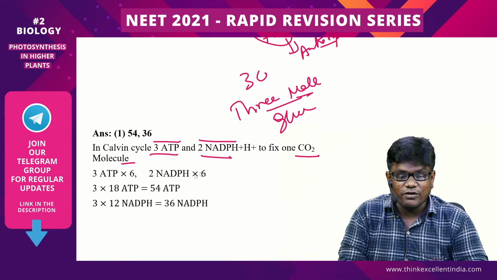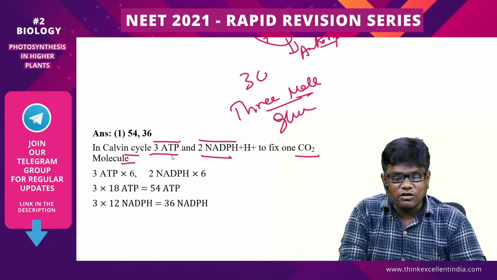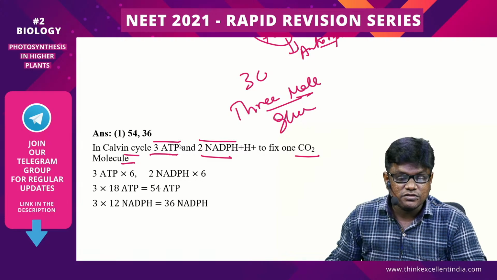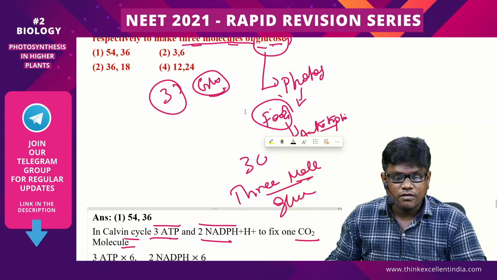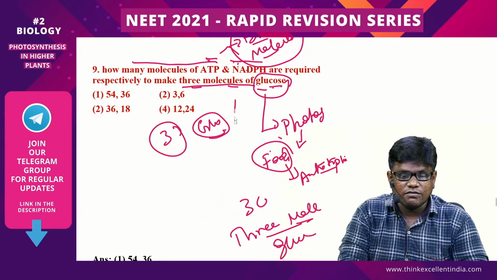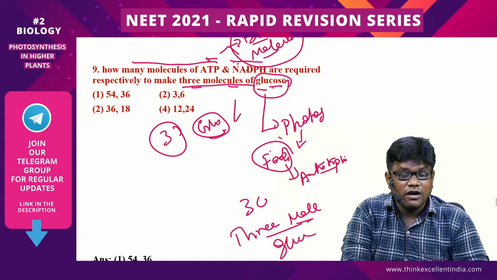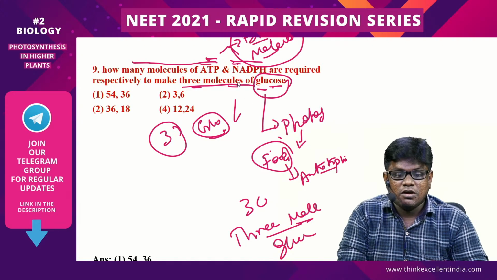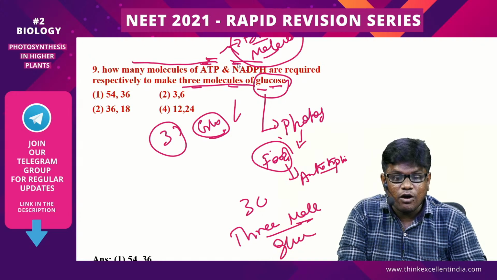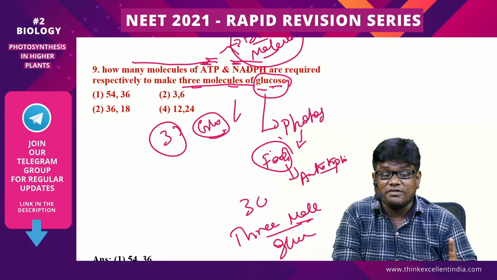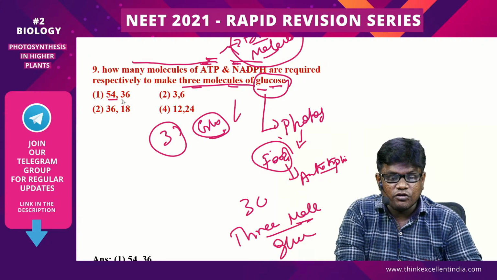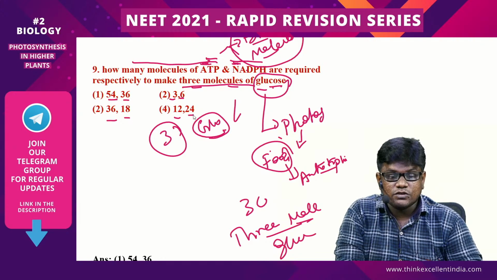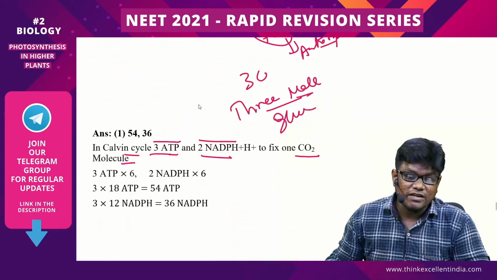Glucose. The 3 molecules of glucose will be produced by the ATP and NADPH. But how many molecules are required? That is the question. You have to be very clear with the question. The options are 54, 36; 36, 36; 18, 12; 24. Here you have to be very clear.